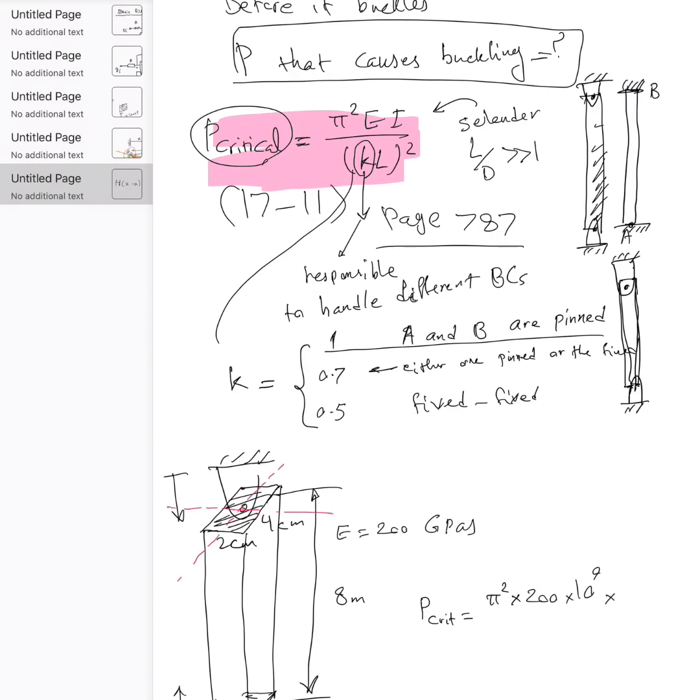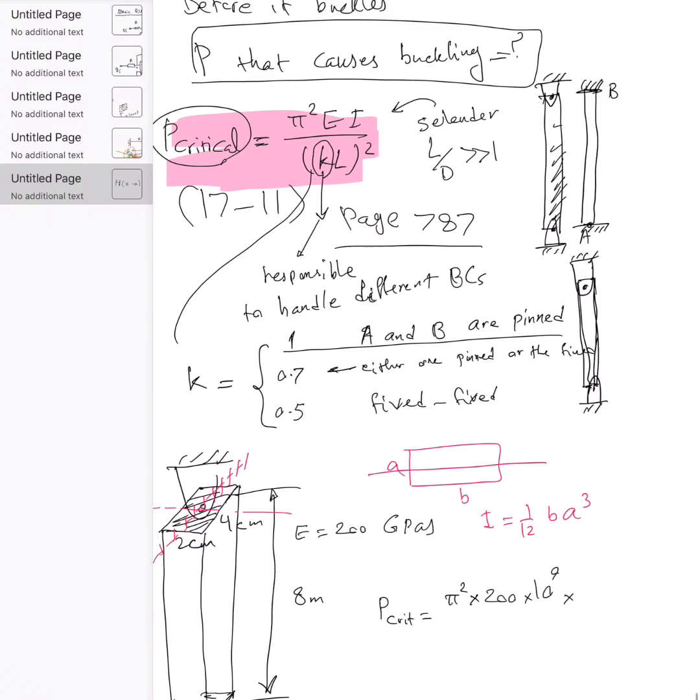In this equation, you put the smaller one, because for the smaller one, the buckling happens around that axis, where the moment of inertia is smaller.